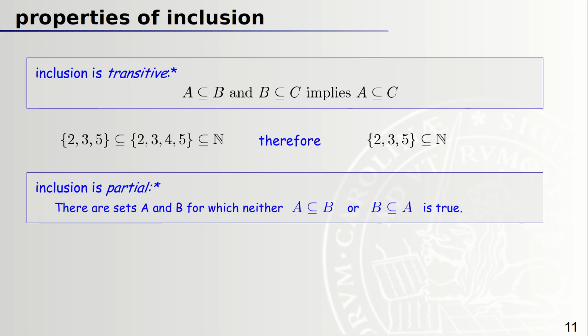Also, set inclusion is partial. This means that for any two sets, it may be the case that neither is a subset of the other. Here, the analogy to less than or equal to between numbers breaks a little, because for any two real numbers, for example, one is always less than or equal to the other.